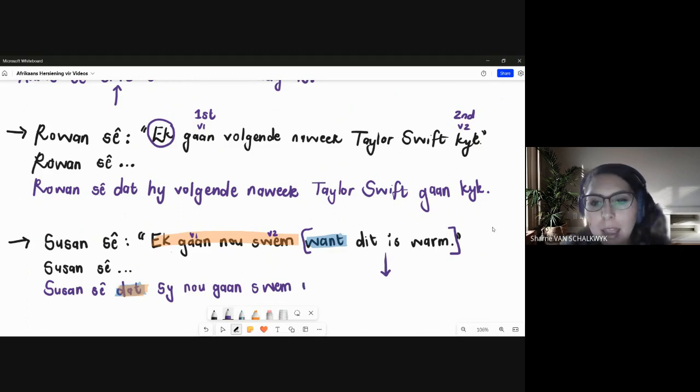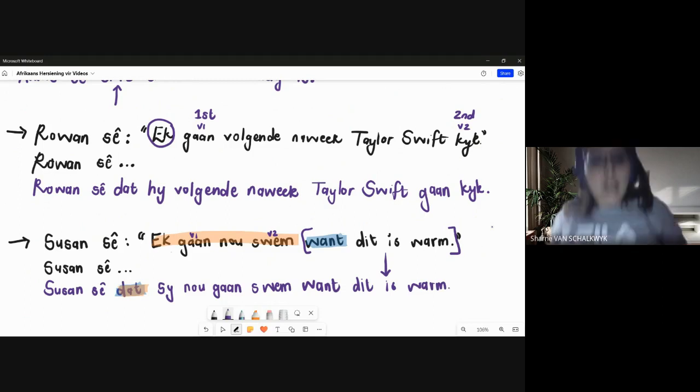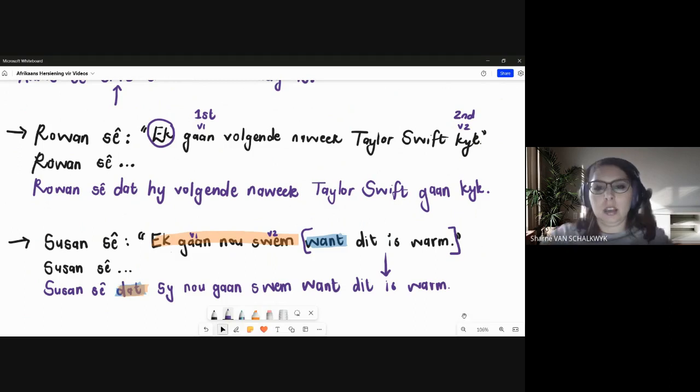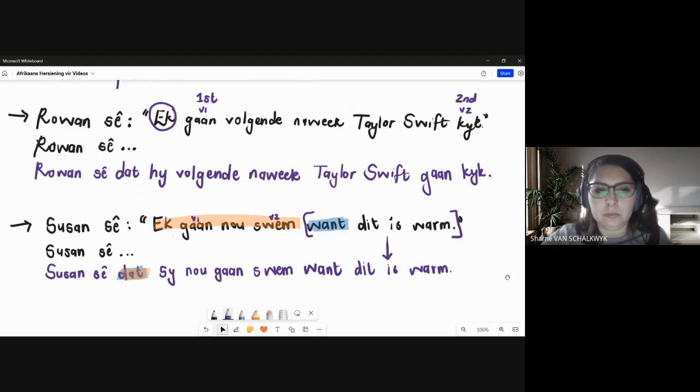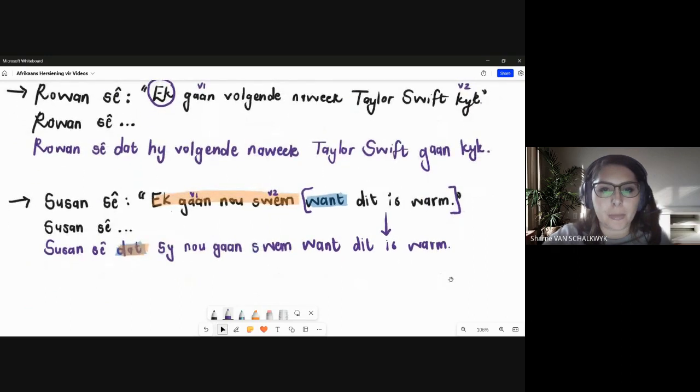But then I have a want. That's a different conjunction rule, not the group 3 conjunction rule. So a want dit is warm. Right. Negatives stay where they are after your verb 1 and at the end. Right, so there's all your statements.